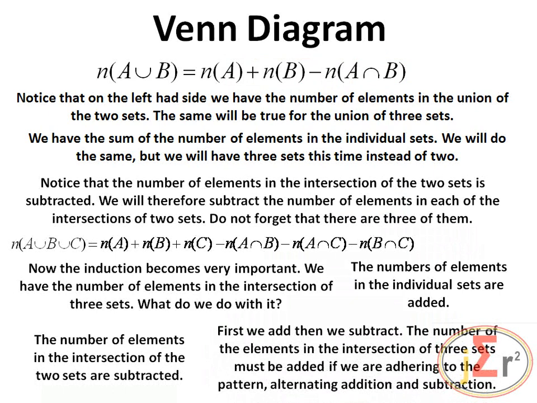The number of elements in the intersection of three sets must be added if we are adhering to the pattern alternating addition and subtraction. So if we start with addition, then we move to subtraction, then we have to move to addition again, in order that we might have completed the pattern in alternating the addition and subtraction.